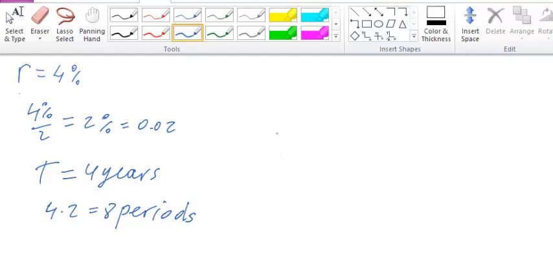Okay, so the discount factor is denoted as 1 over 1 plus 0.02, which is the periodic yield, to the 8th power. Okay, so if I take out the calculator and calculate, I should have the same number actually.